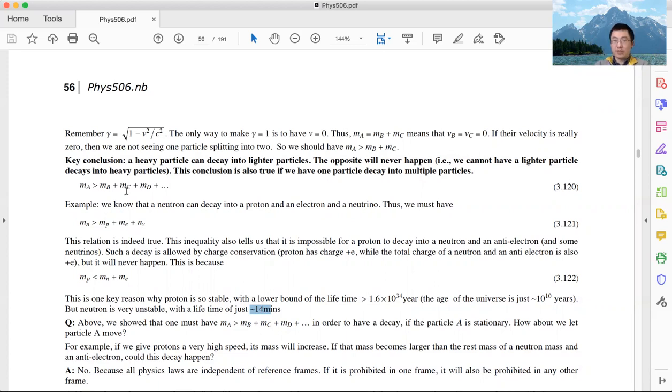So that's the reason why we should not allow this proton to decay, even if we speed it up so that it has a very heavy mass.